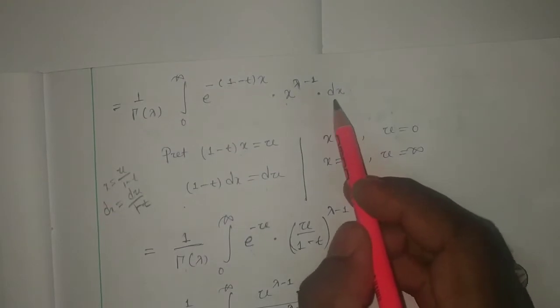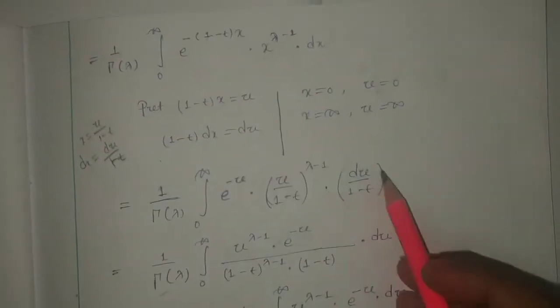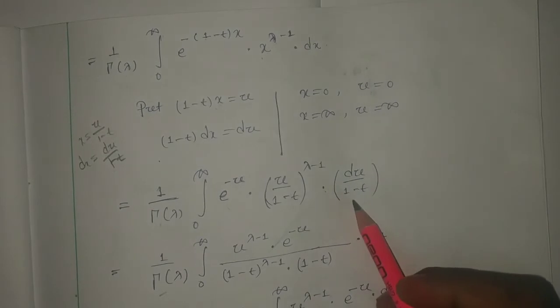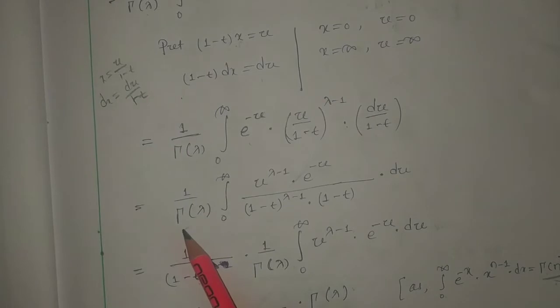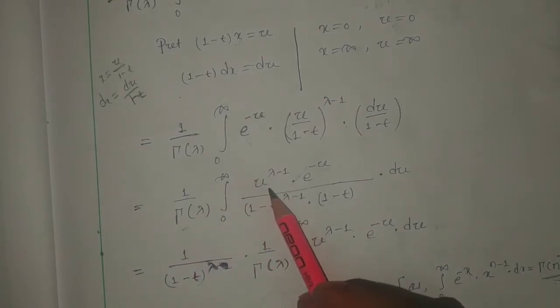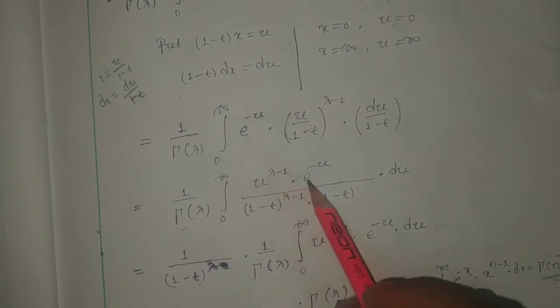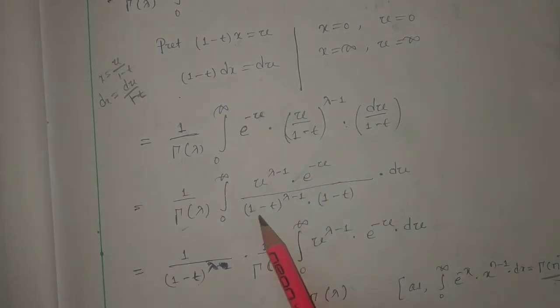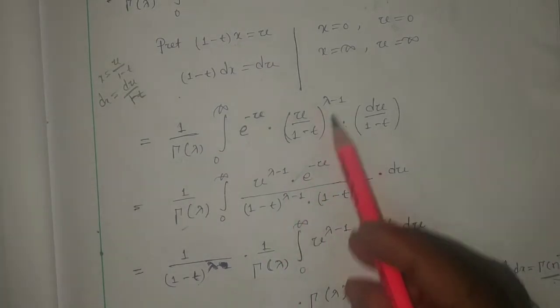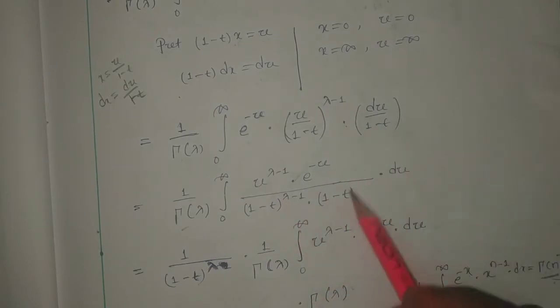So dx will be how much? du by 1 minus t. Okay. So 1 by gamma lambda, 0 to infinity, u to the power lambda minus 1 e to the power minus u, and this one 1 minus t to the power lambda minus 1 into 1 minus t into du.